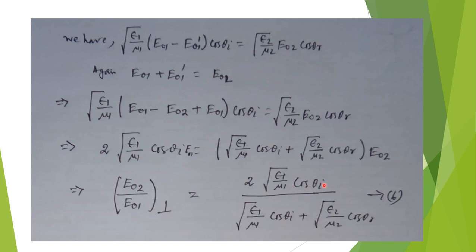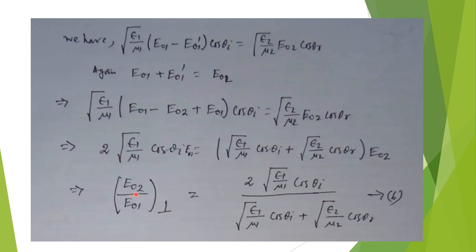That is, E02 by E01 in the perpendicular direction is equal to 2 into root epsilon 1 mu1 cos theta I, whole divided by root epsilon 1 mu1 cos theta I plus root epsilon 2 mu2 cos theta.